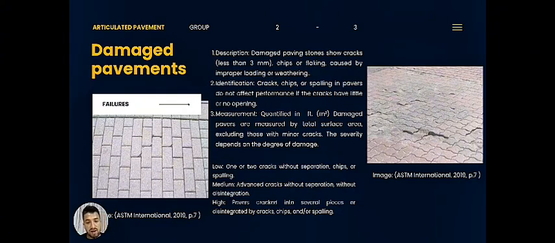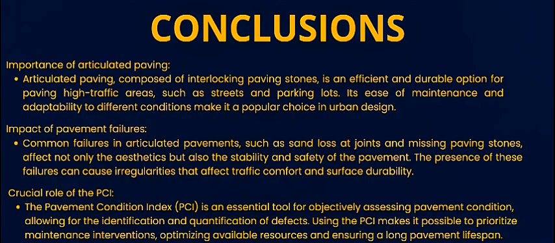It is measured in square feet; the mesh pavements are expressed by total surface area, excluding minor cracks, and the stability depends on the degree of the mesh. There are three levels: low, with cracks without separation, chips or spalling; medium; and advanced.